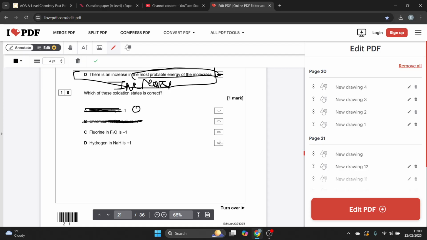No, because sodium's in group 1, hydrogen can be -1. So it's going to be F then, C, because oxygen in this case is going to be +2. Oxygen difluoride is +2, and fluorine is -1. That's a tricky one. So fluorine in F2O is -1.